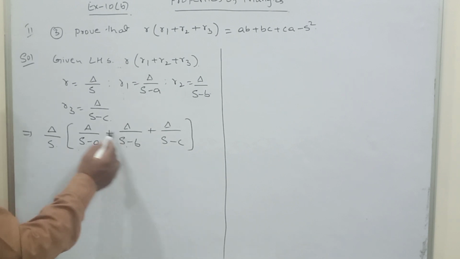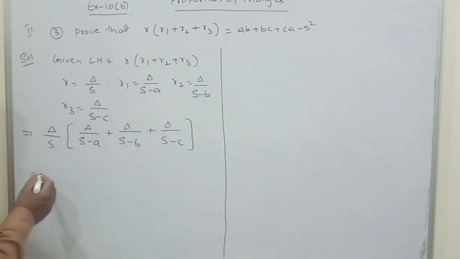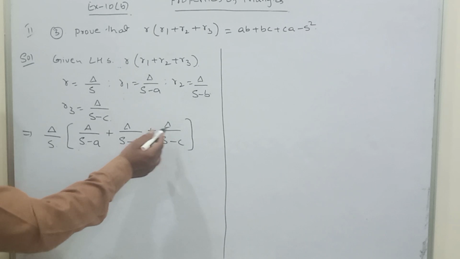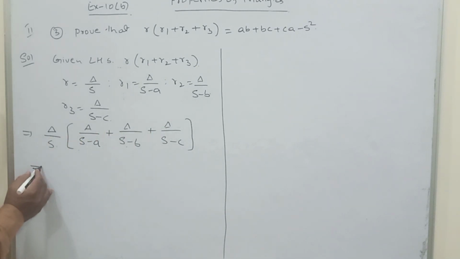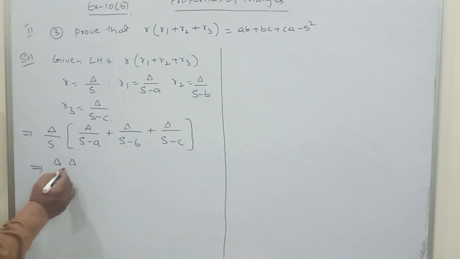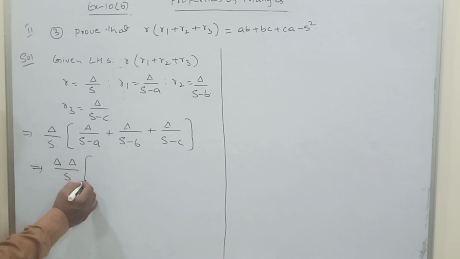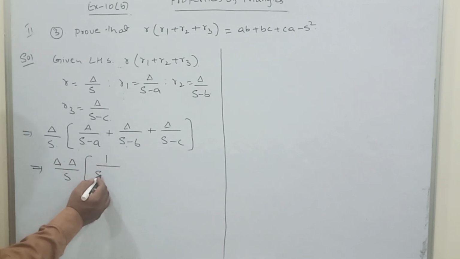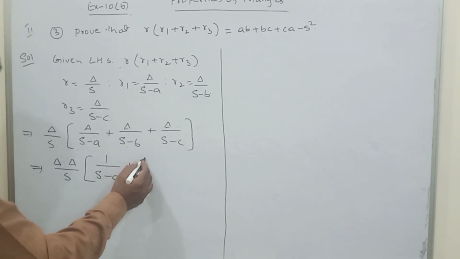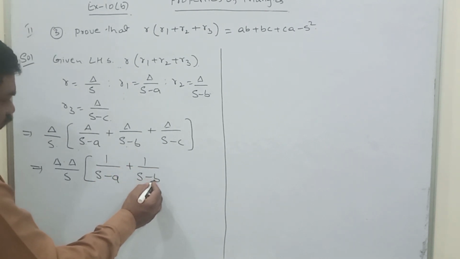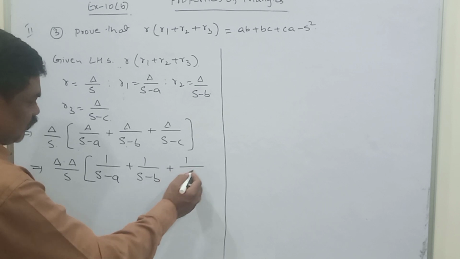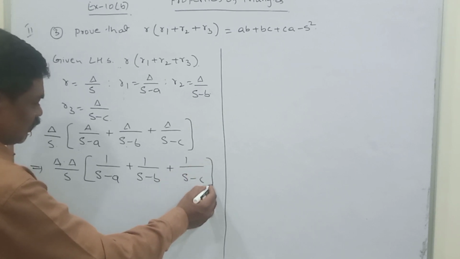All the fractions have numerator delta, so you take delta common. Delta into delta by s of [1/(s − a) + 1/(s − b) + 1/(s − c)].